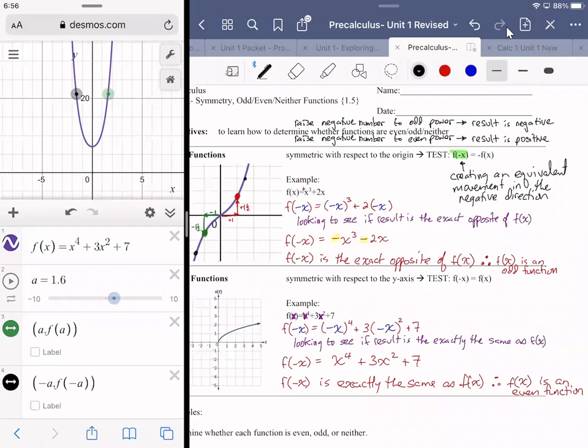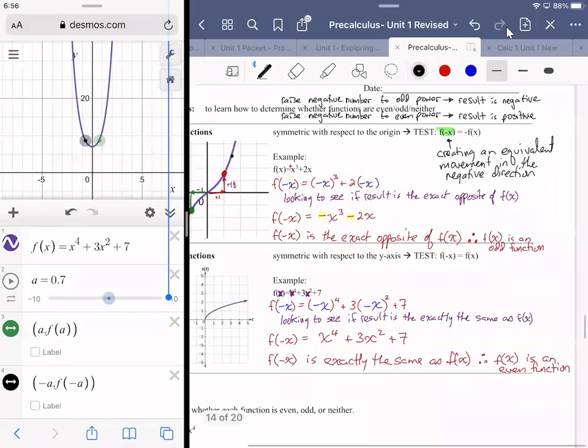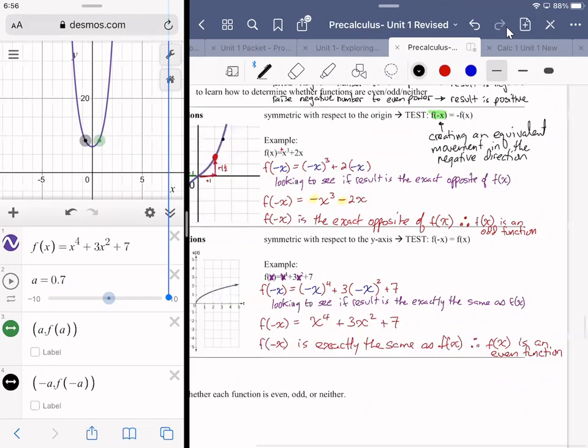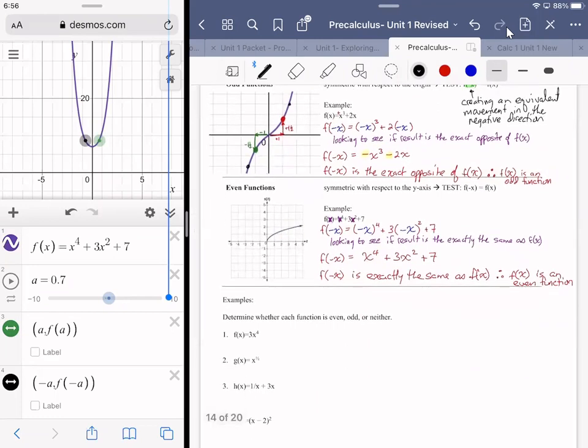You could also see visually that no matter where I put my distance away from the y-axis, the green and the black point are always at the same height. That's what we're testing for here. We're just doing it analytically, using algebraic processes, but the graphical approach tells a better story.